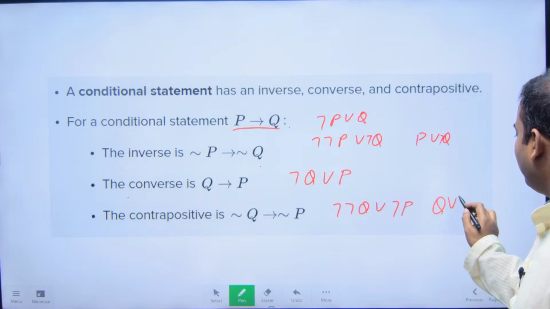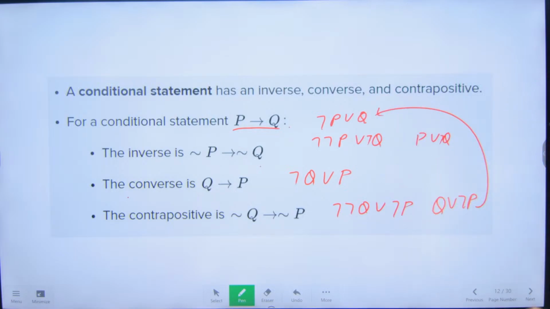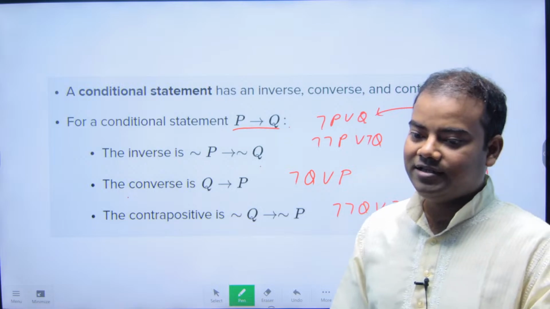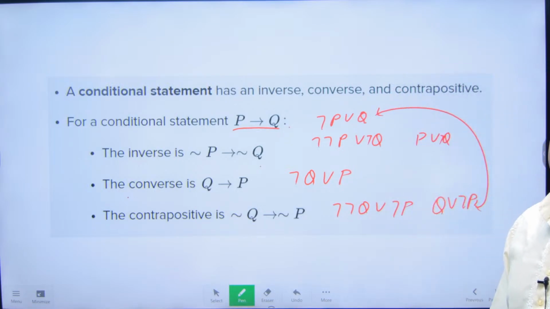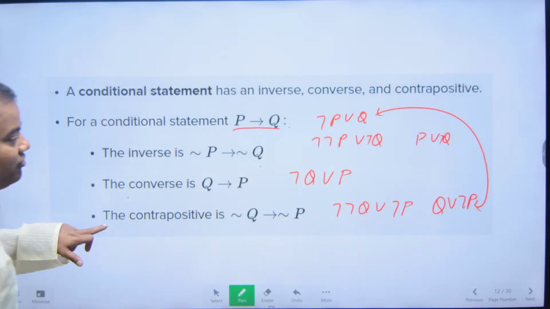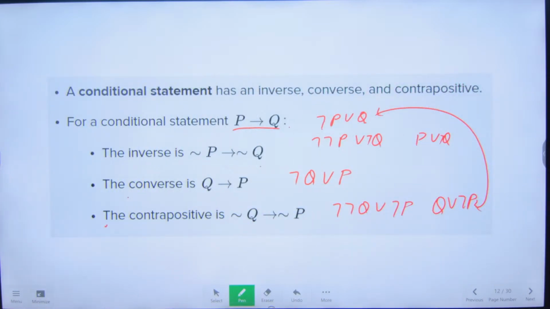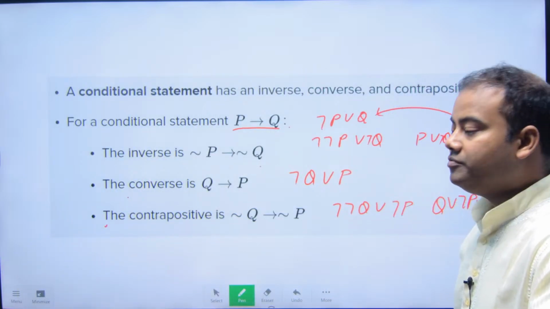Q or not P. So the contrapositive of any statement is always the same as the conditional statement. So a conditional statement and its contrapositive have the same truth value. Clear? Any doubt?